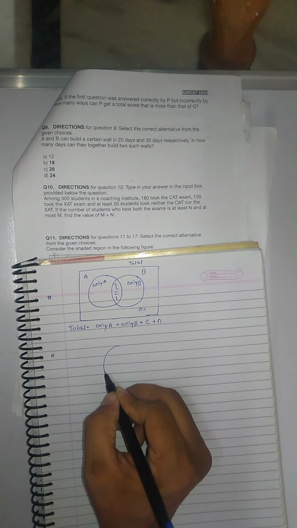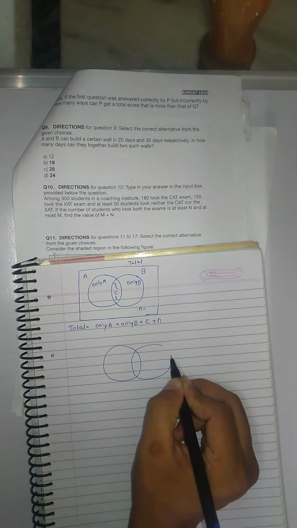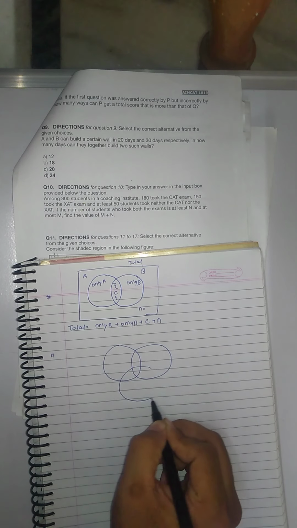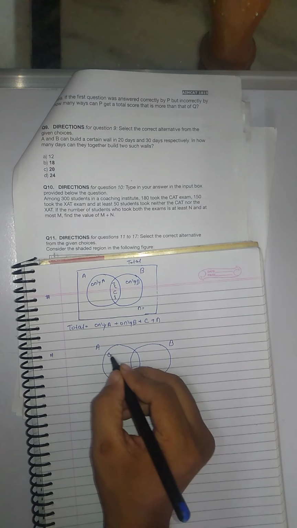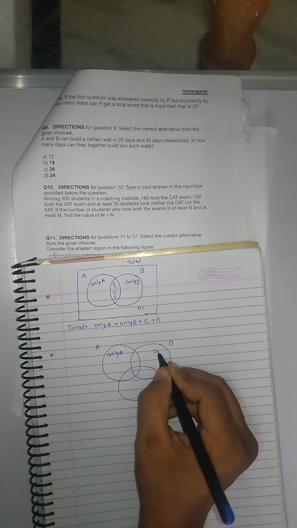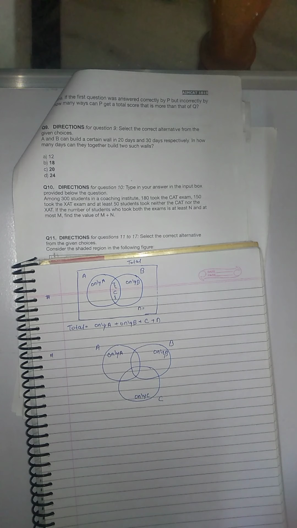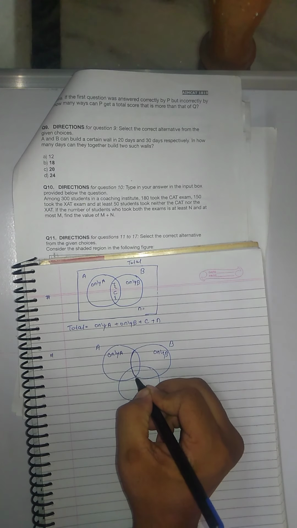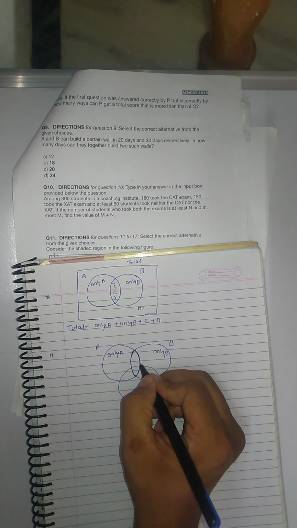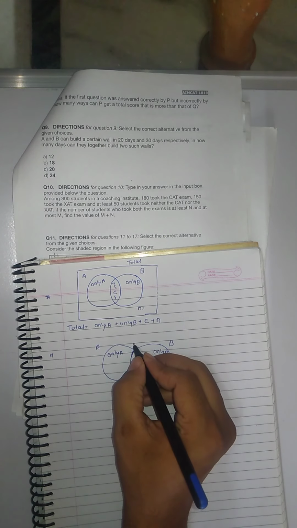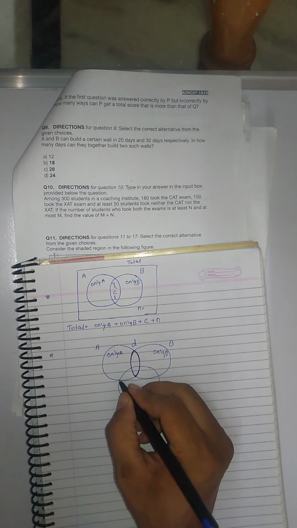Here this is our A, this is our B, and this is our C. This is only A, this is only B, and this is only C, and this is the common part of A and B. Only this part we are talking about: the whole part common with A and B, we call it D. And this is our E part.